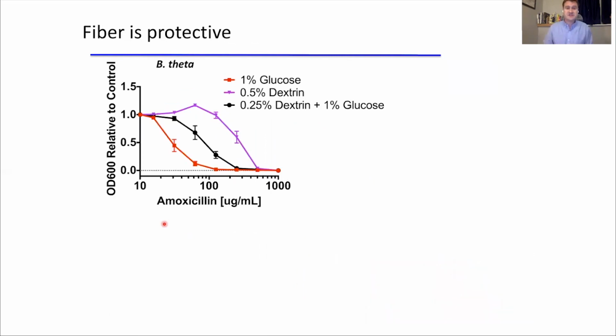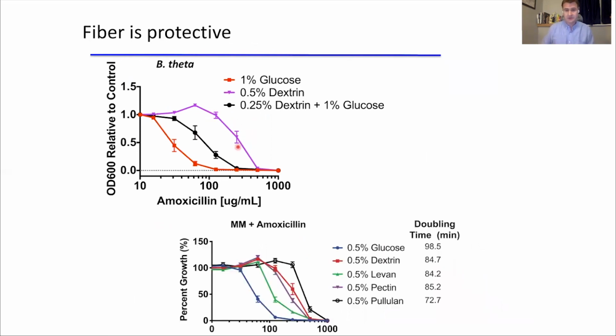Next, we looked at how combining the two carbon sources would work, and it appears that if you add dextrin to B theta that has glucose in it already, dextrin provides some protection, but the utilization of glucose is still associated with a significant increase in susceptibility.